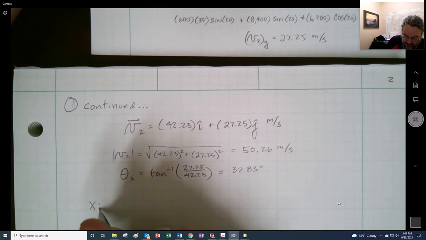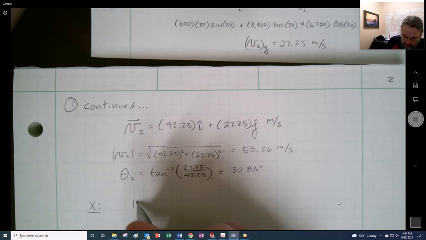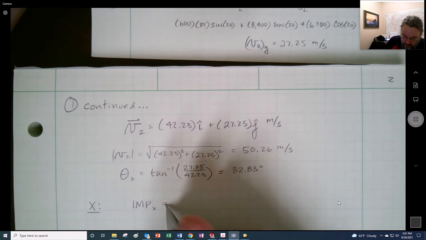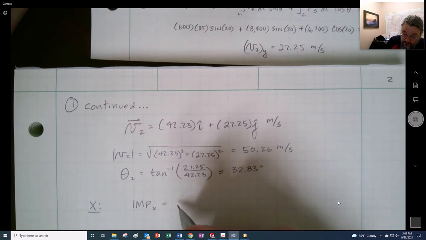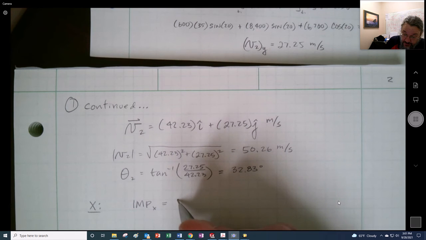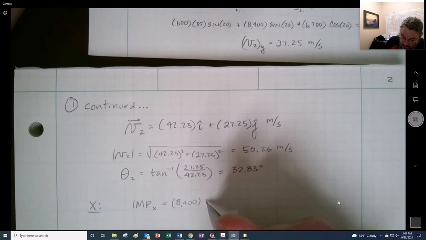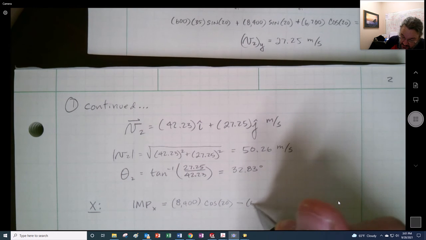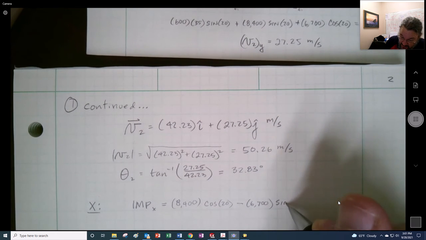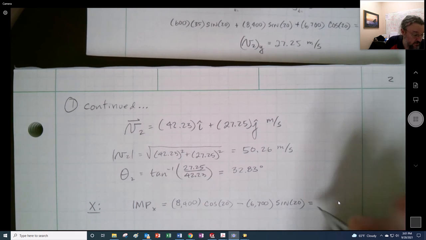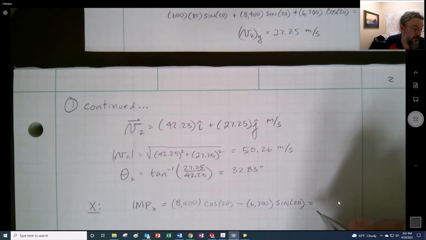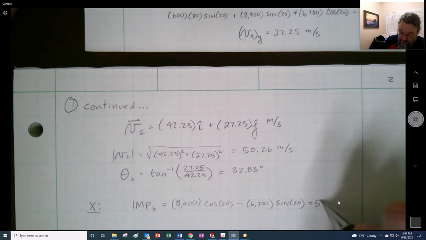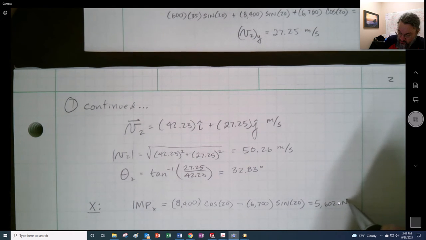In the x direction, the impulse is equal to 8,400 times the cosine of 20 minus the 6,700 times the sine of 20. So I think I get 5,602 newton seconds.